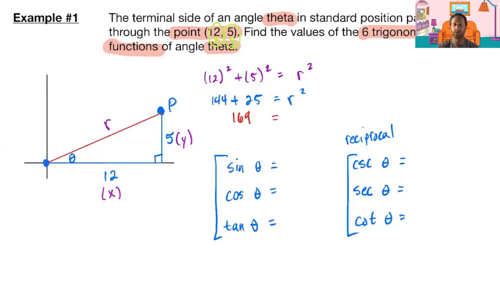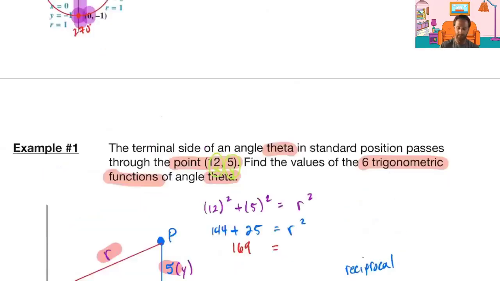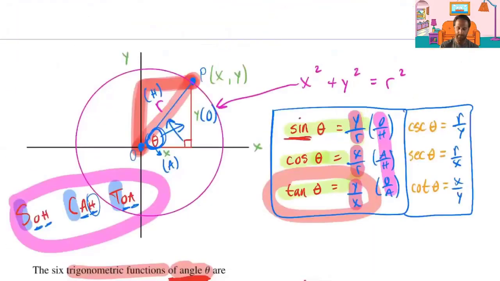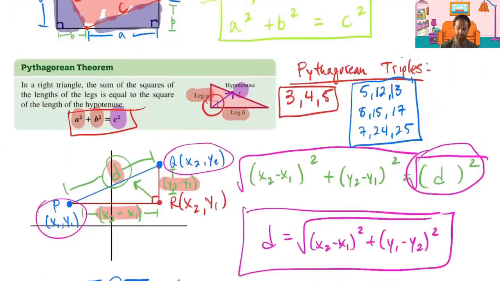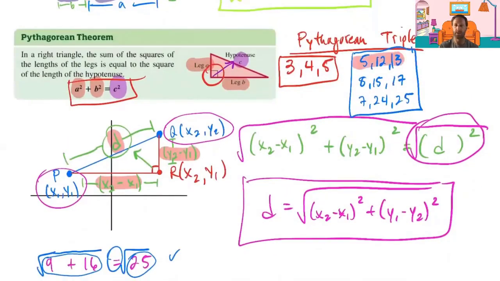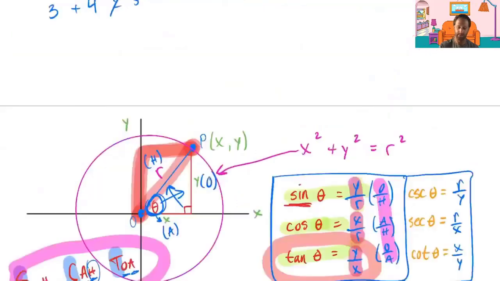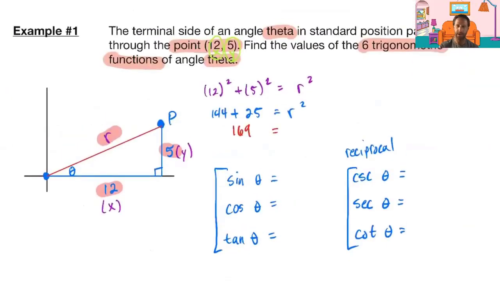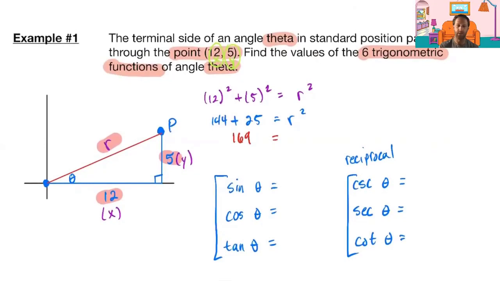I can actually skip this step, because I took the time to memorize and recognize that this is what is called a Pythagorean triple: 5, 12, 13, which then allows me to bypass having to actually do the Pythagorean theorem.